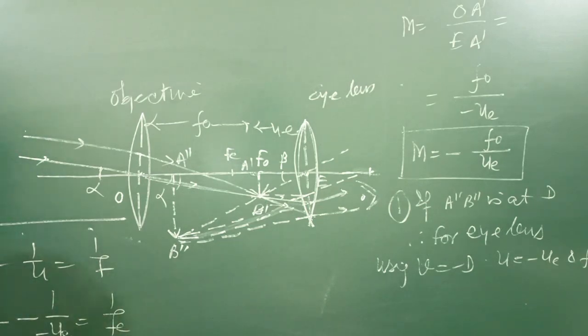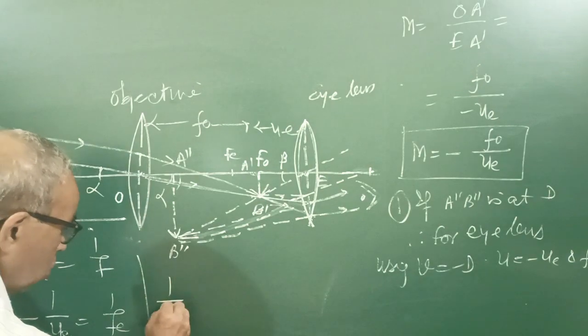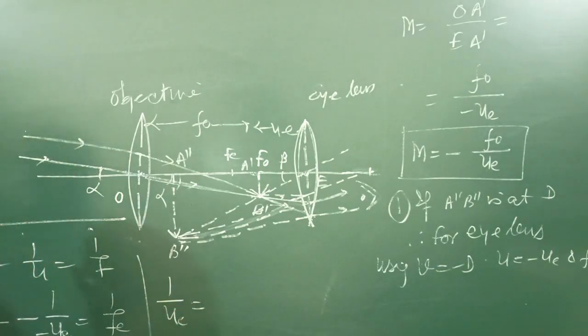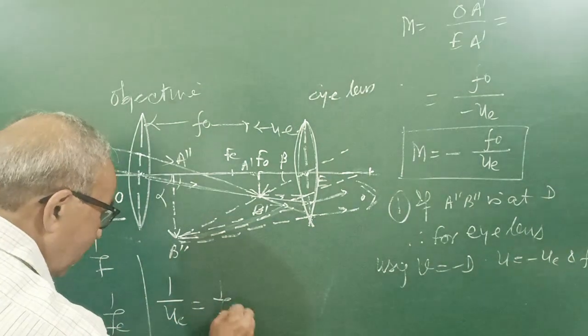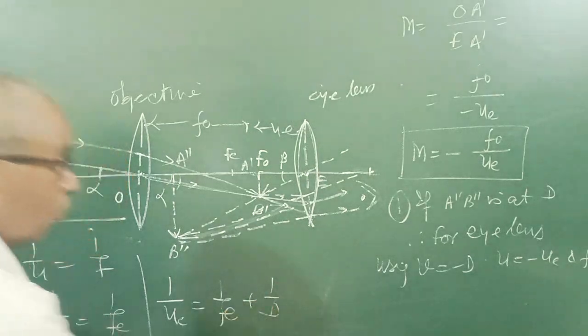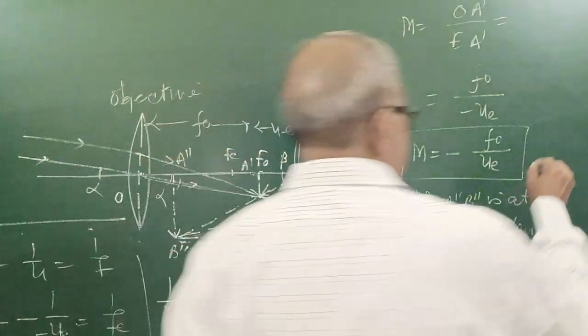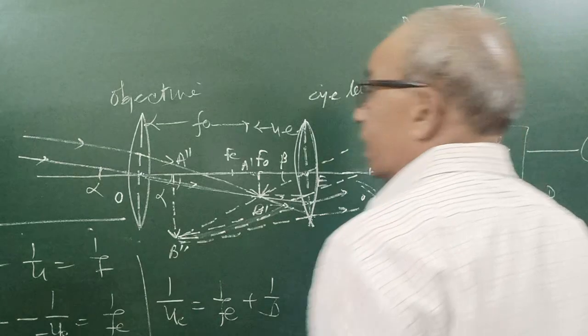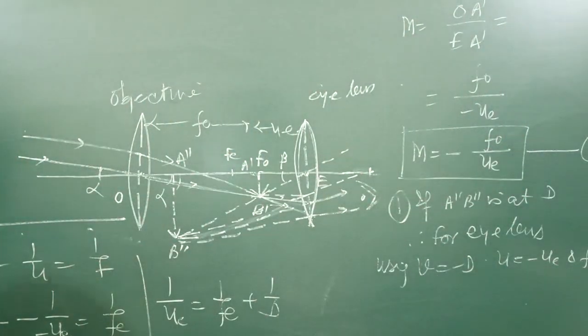From here 1 upon UE equals 1 upon FE plus 1 upon D. What is the distance of distinct vision? 25 centimeter.